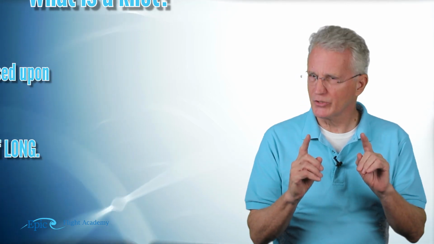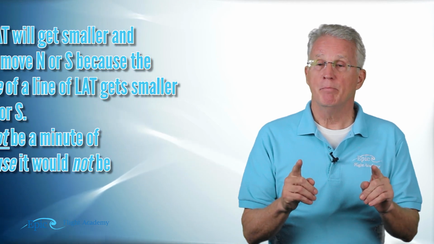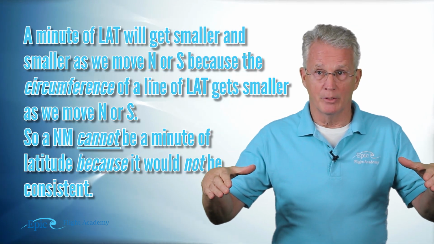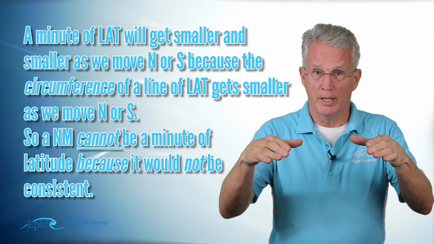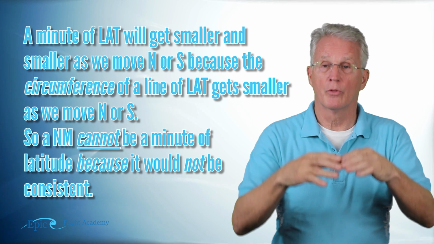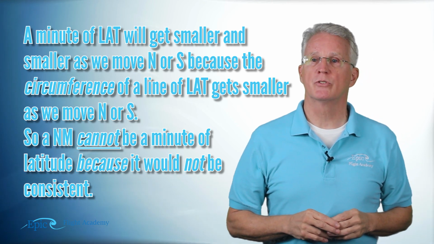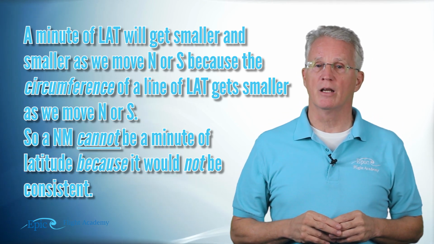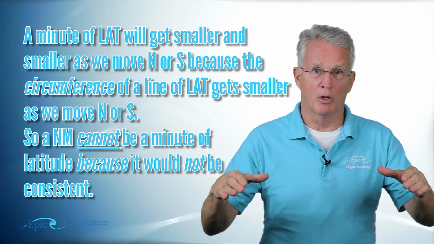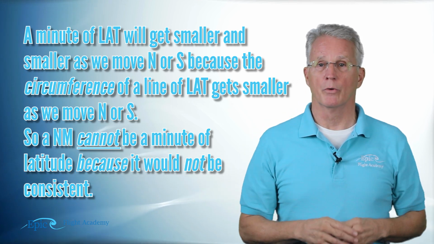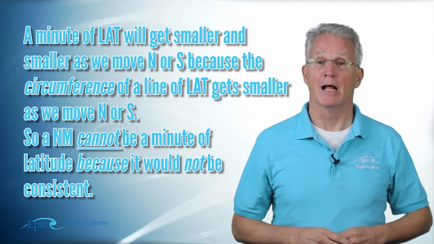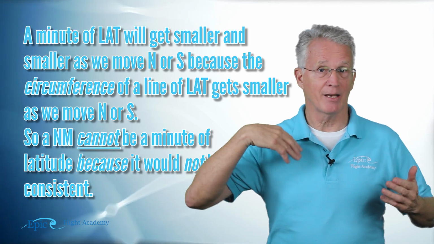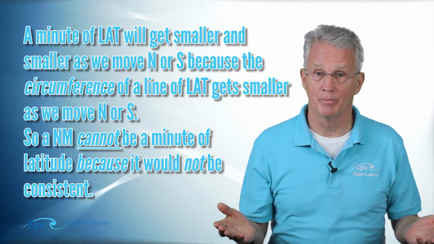Remember, as discussed earlier, a minute of latitude will get smaller and smaller as we move north or south because the circumference of a line of latitude gets smaller as we move north or south. So a nautical mile cannot be a minute of latitude because that would not be consistent.